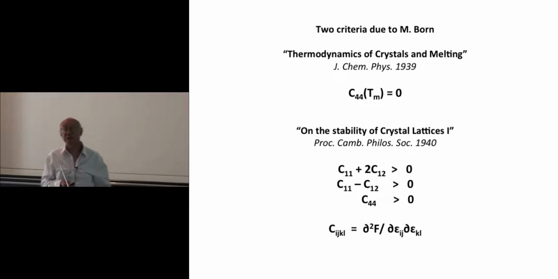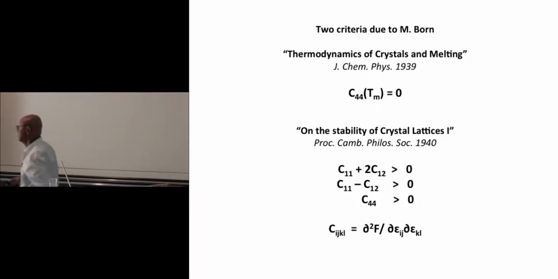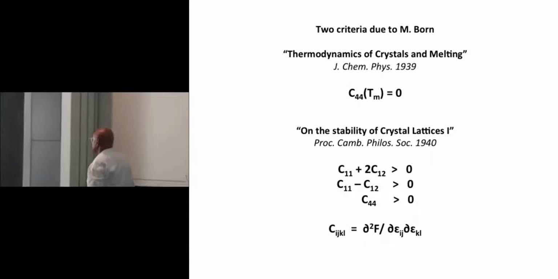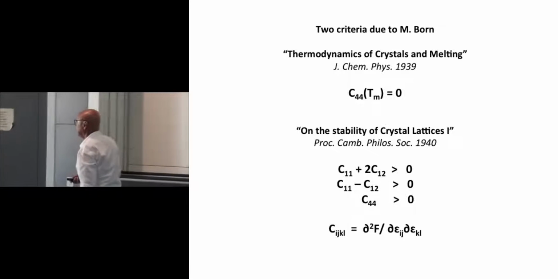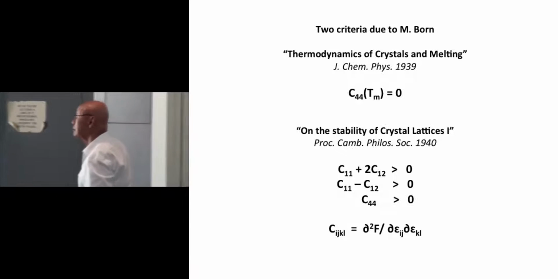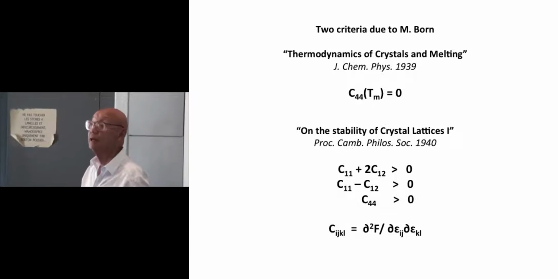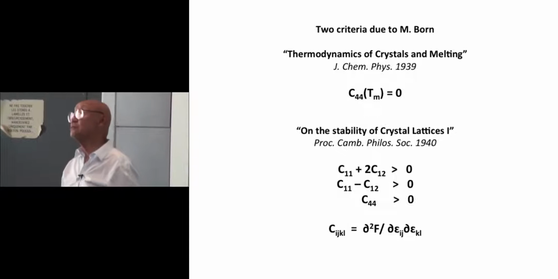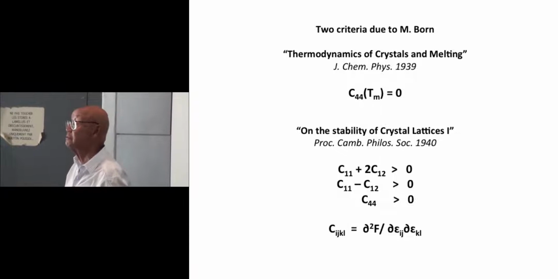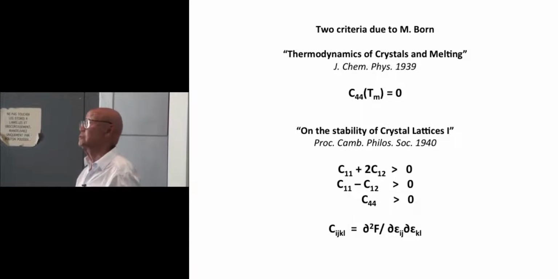Having said that, let me now jump right into this first illustration. It has to do with how does a crystal melt. Asking how something happens is not like asking when does a crystal melt. A crystal melts at the melting temperature.